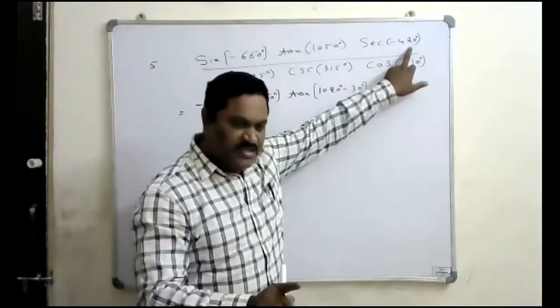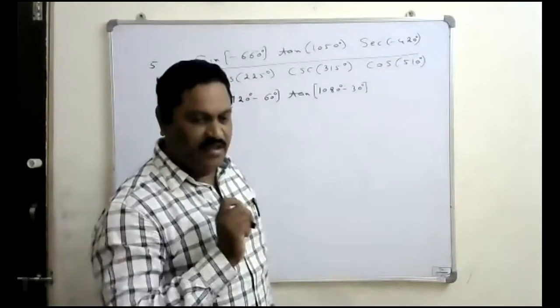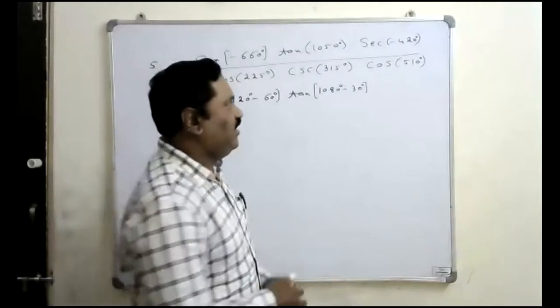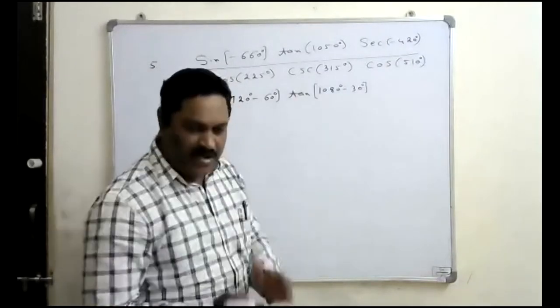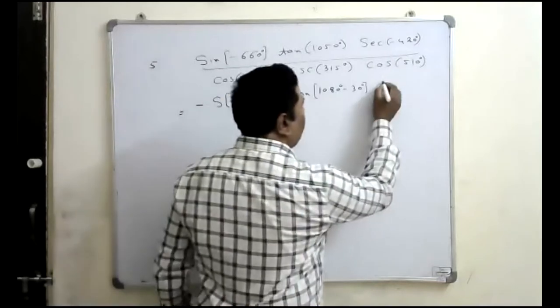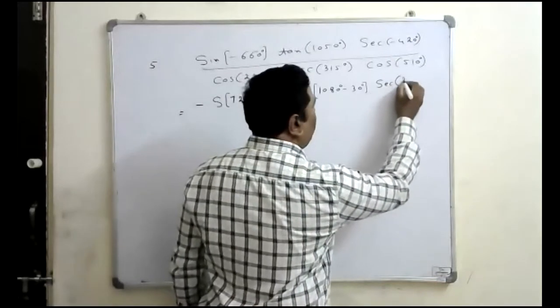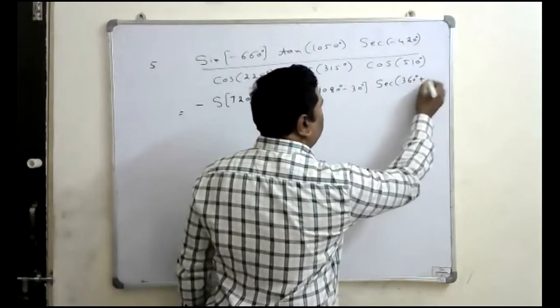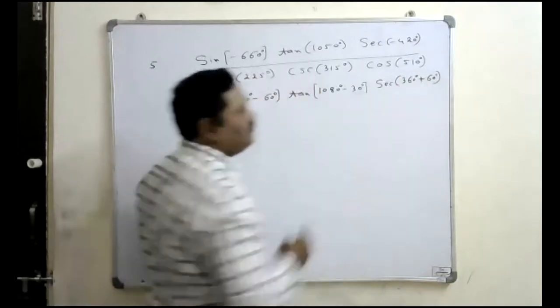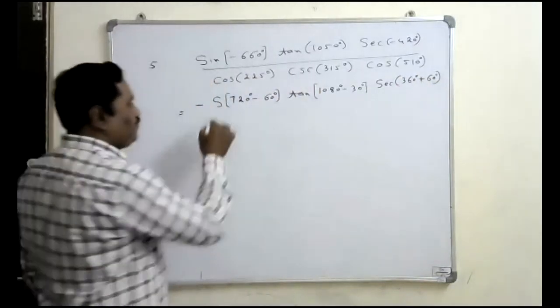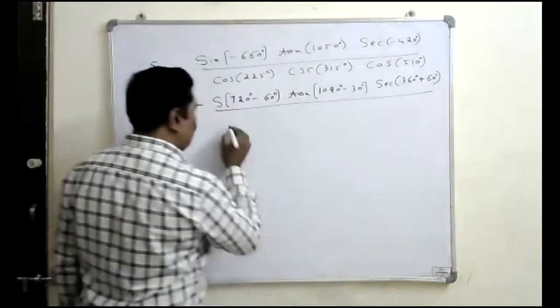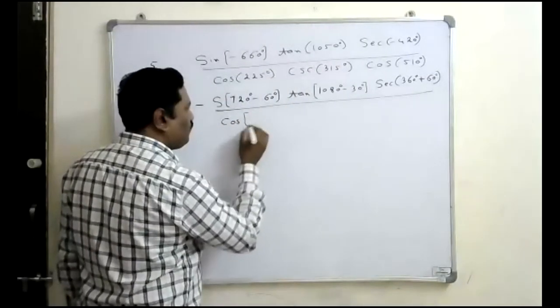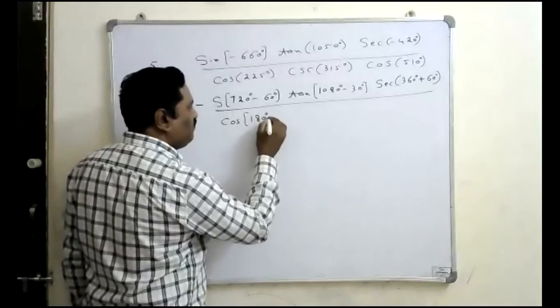Secant of minus theta becomes secant theta, because the angle of minus theta is in the fourth quadrant. So from the secant, minus will not come out. And the secant of 420, we can write 360 plus 60. Then 225, how do you write it? 180 plus 45.